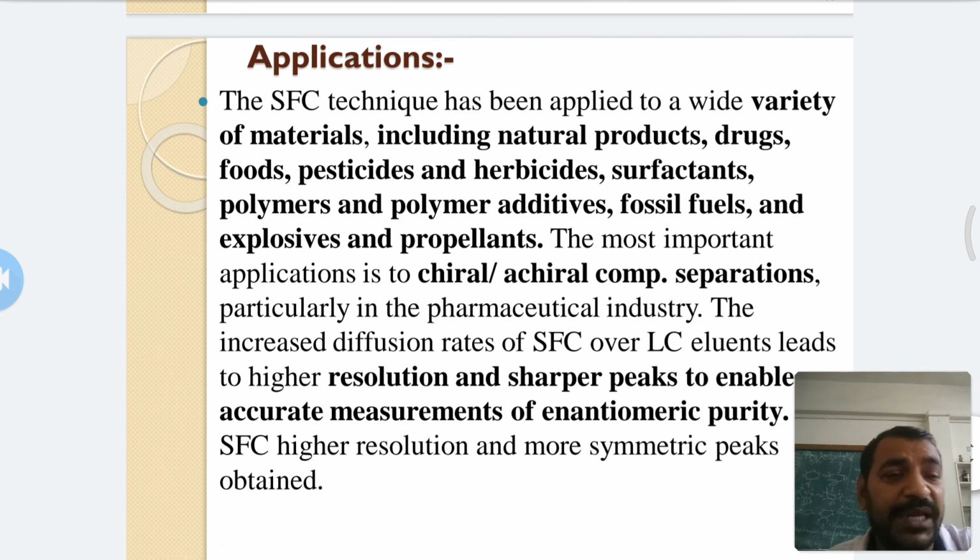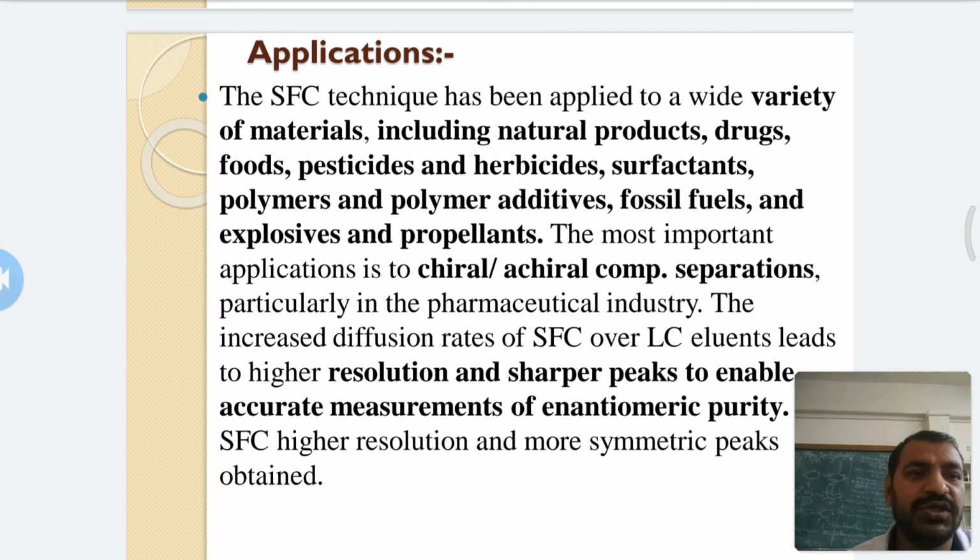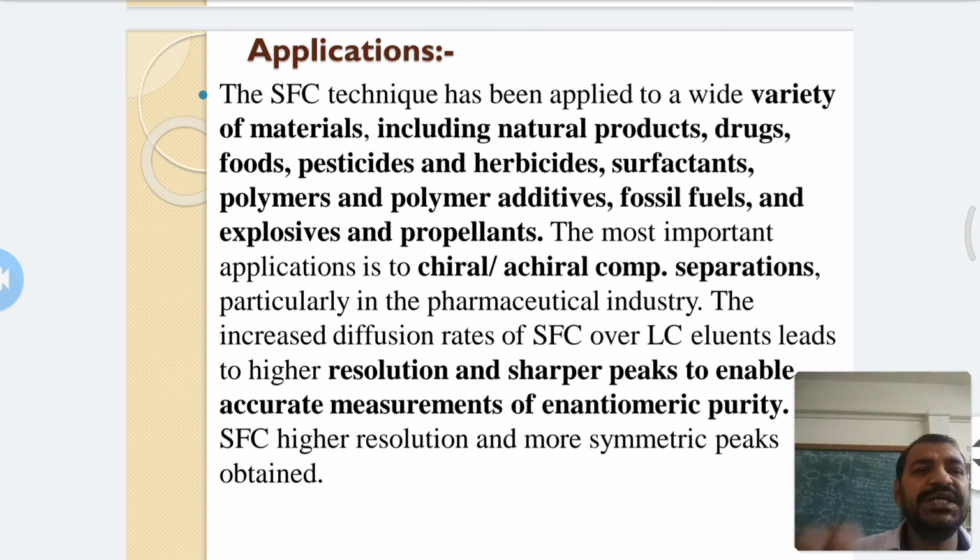Now the applications of supercritical fluid chromatographic techniques.